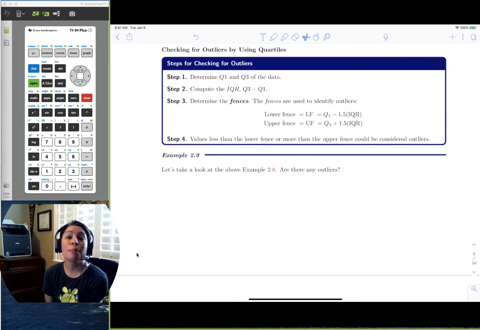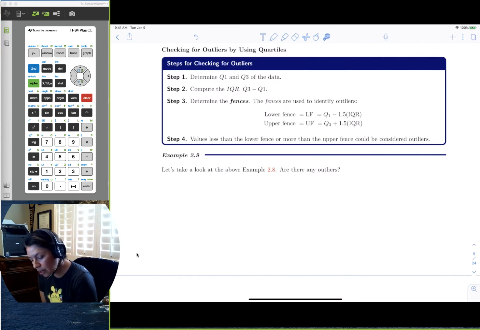So mathematically, there is a method in which we can find these data points, and that's called determining the lower and upper fences. So let's go ahead and do that for the model weights that we just did above.